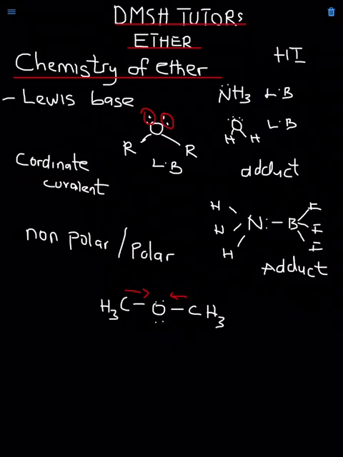You get that? In just one oxygen, there are a lot of carbons attached to the oxygen. So ether can act as both polar and non-polar, and it can dissolve both polar and non-polar compounds to some extent. That's why ether is a very good organic solvent for organic compounds. Okay, so that's the chemistry of ether.